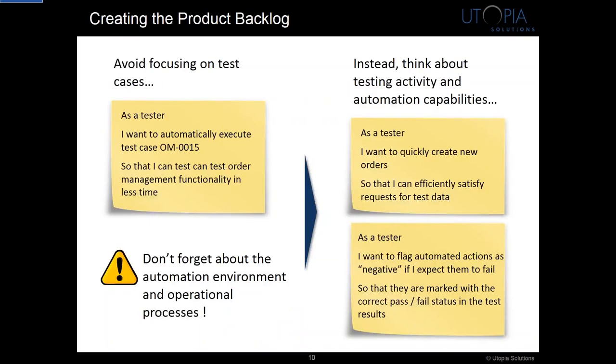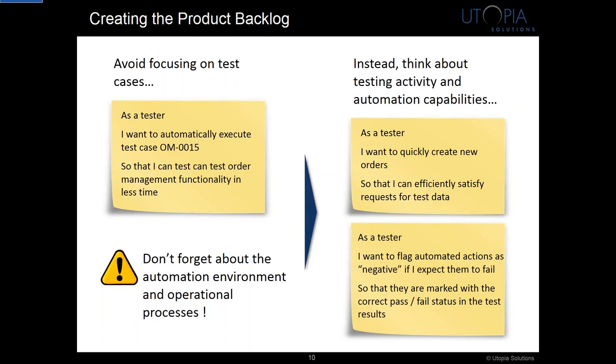So one of the things that I preach about automation, so I am going to get on my automation soapbox for a second, is not to focus on existing manual test cases when developing automation scope. So in other words, the automation product backlog. Focusing on individual test cases tells you very little about what your solution needs to do, your automation solution, that is.